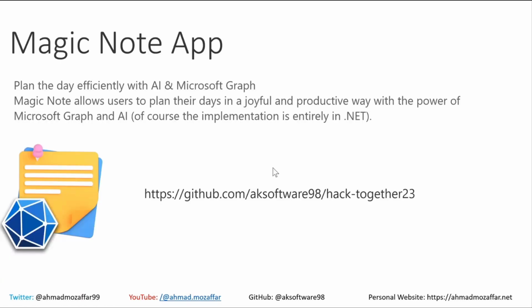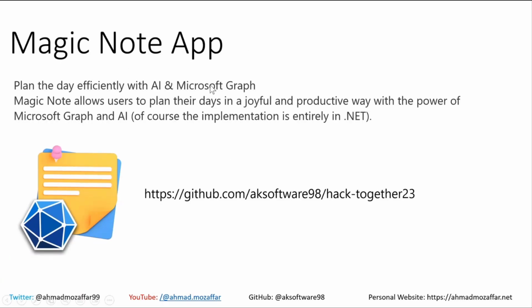So right now, I'm going to talk about the Magic Note app, which is the idea that I decided to participate with in the hackathon. This app is using AI, especially the Microsoft language understanding services. The idea comes from a personal use first, because every night, I plan what I'm going to do the next day from work, writing, especially since I'm kind of a multitasker.